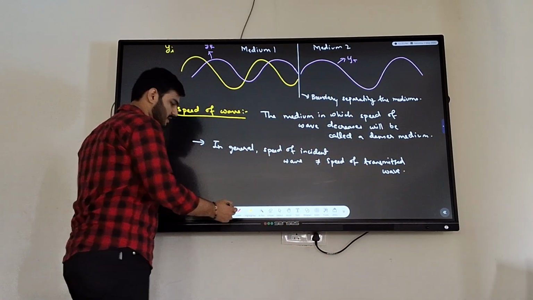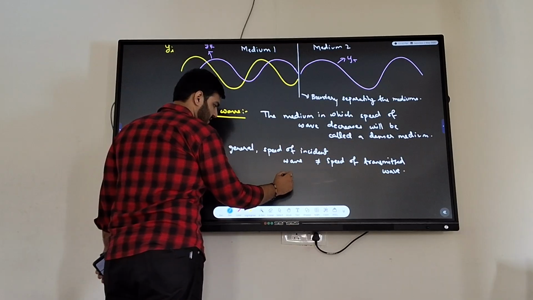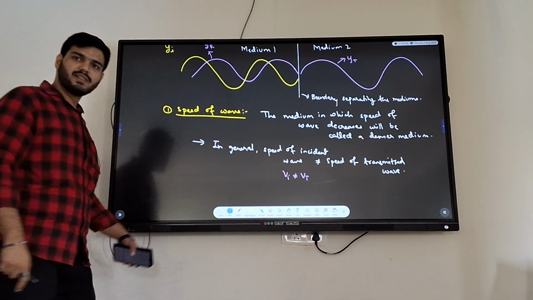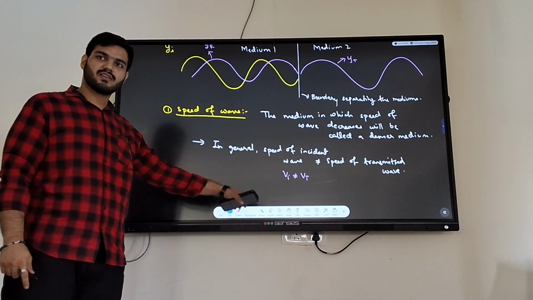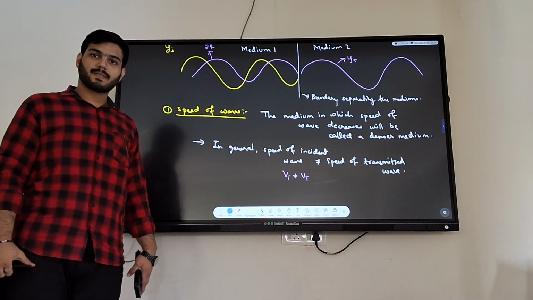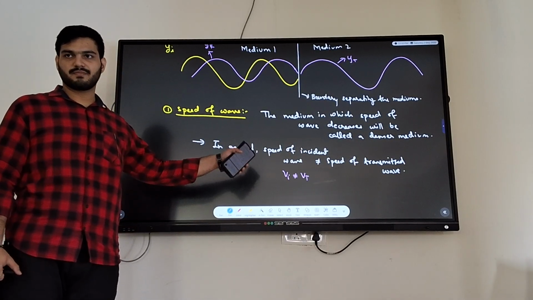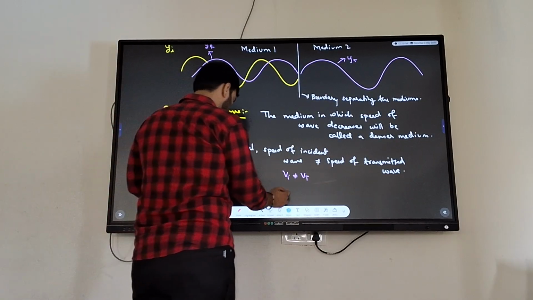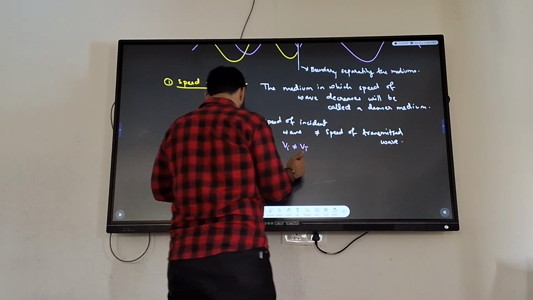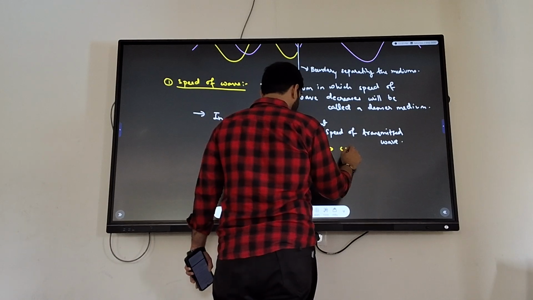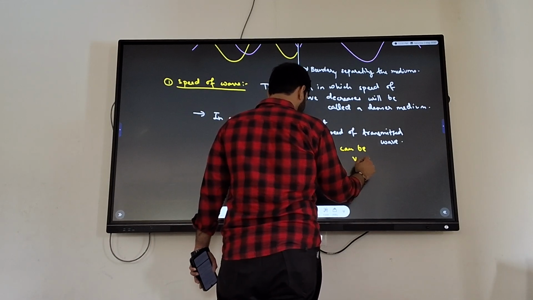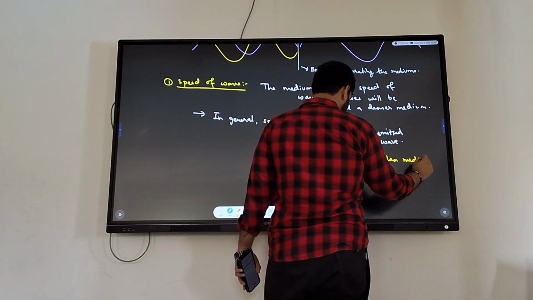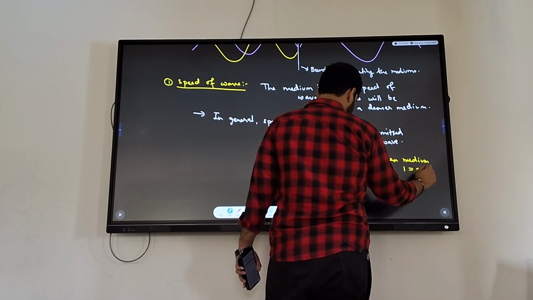Let me use the symbols Vi not equal to Vt. By the way, is there a case where they will be equal? When both mediums are the same, then they will be equal, right? Good. So it can be equal when medium 1 is equal to medium 2.